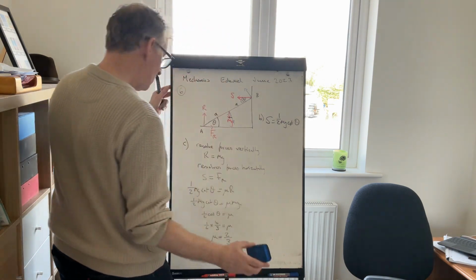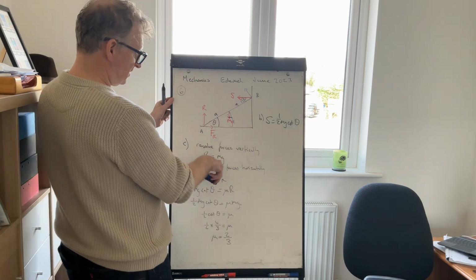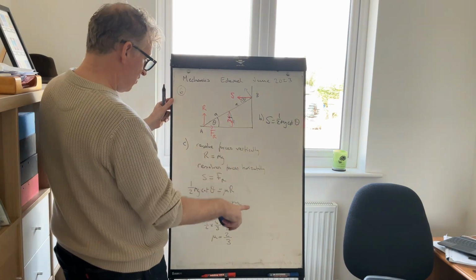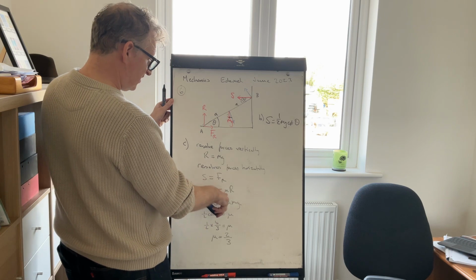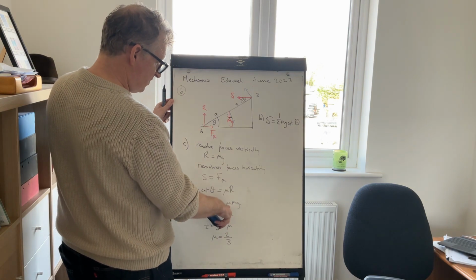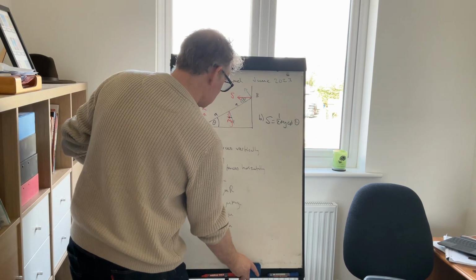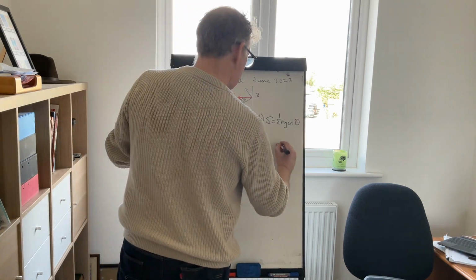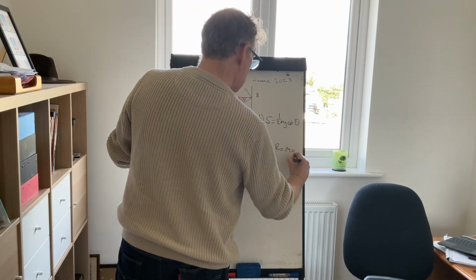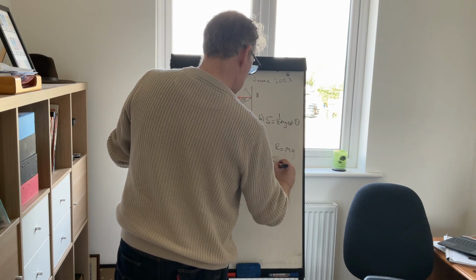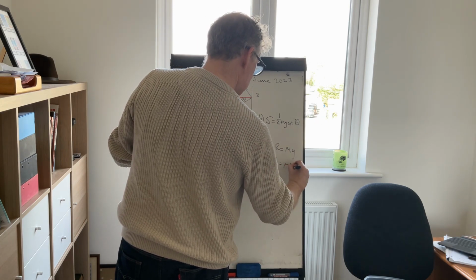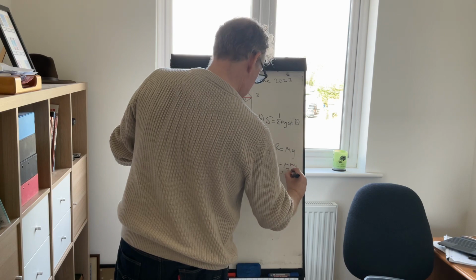Now, we know what R is, it's mg. We also know what friction is, it's mu R, which is mu mg. We know mu is 2/3. So I'll just write those down here before I rub it off. We know R is mg, and we know friction is mu mg, which is now 2/3 mg.